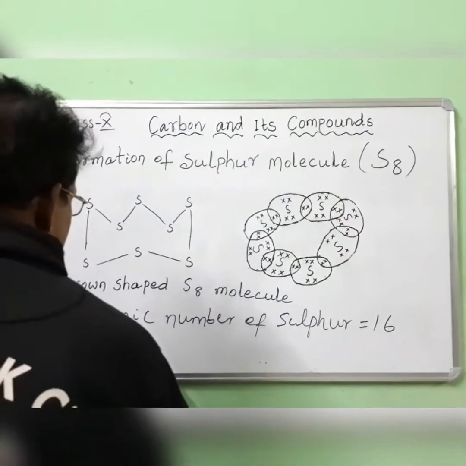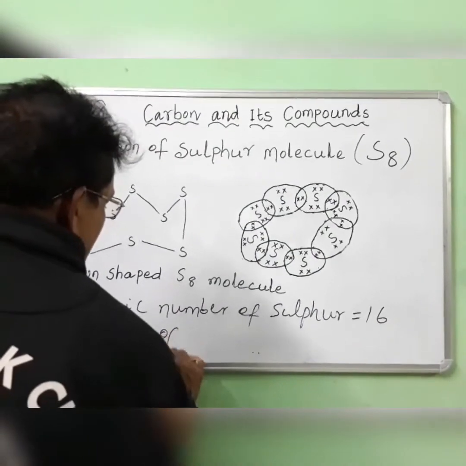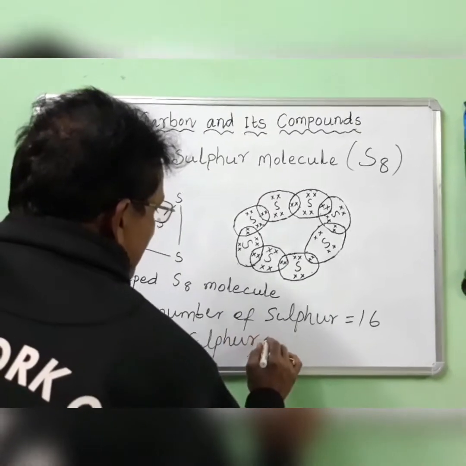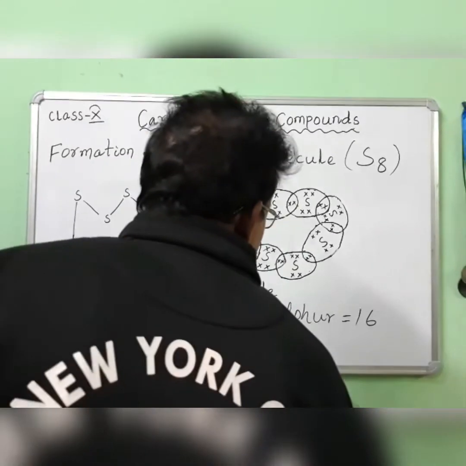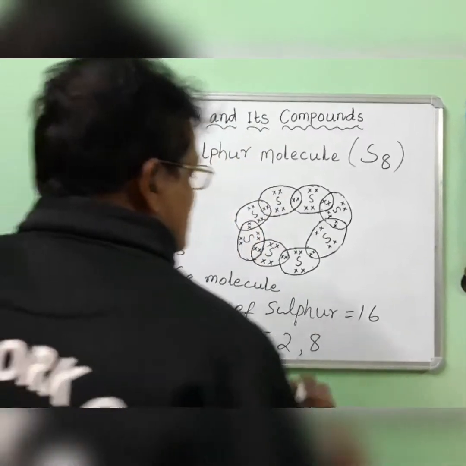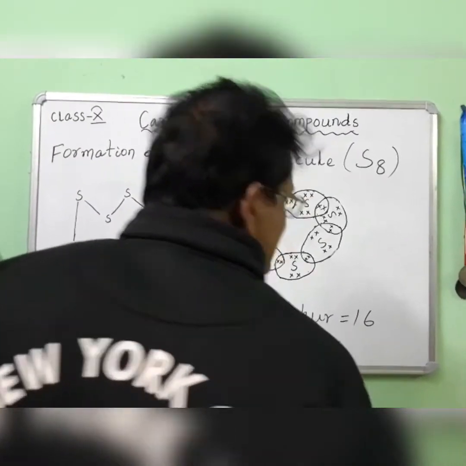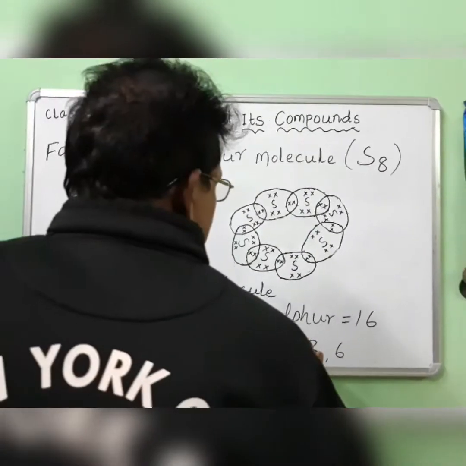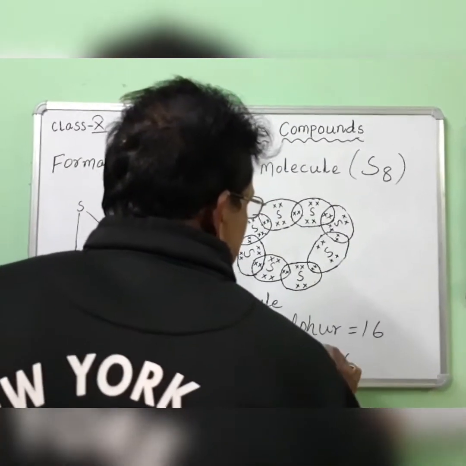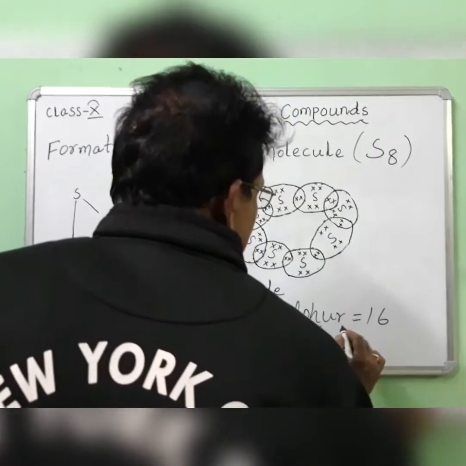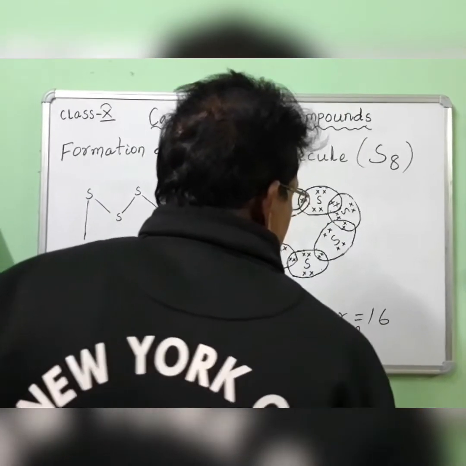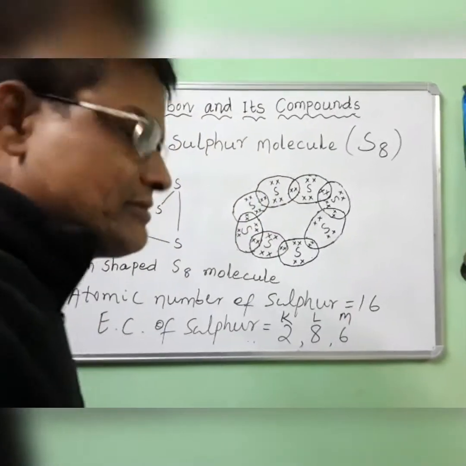Electronic configuration of sulfur, EC of sulfur, is equal to 2, 8, 6. That is, it contains 2 electrons in K shell, 8 electrons in L shell, and 6 electrons in M shell. Clear?